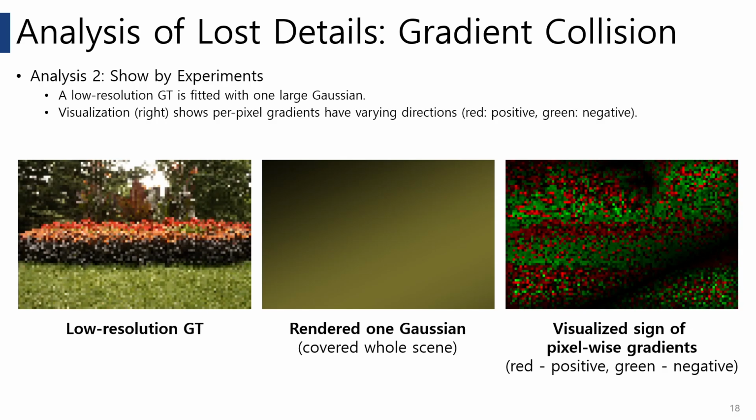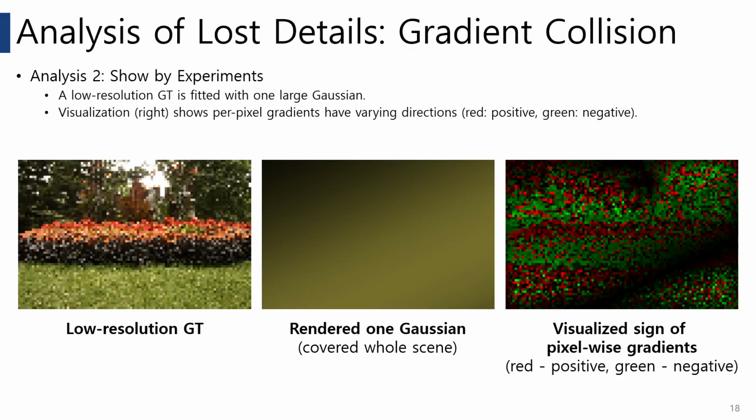To further illustrate this, the AbsGS paper presents a simple experiment. First, they take a ground truth image and reduce it to a low resolution as shown on the left. Then they attempt to fit this entire low-resolution scene using only a single large Gaussian. The rendered output of this single Gaussian is shown in the middle. Finally, on the right, they visualize the sign of the per-pixel gradient for this single large Gaussian.